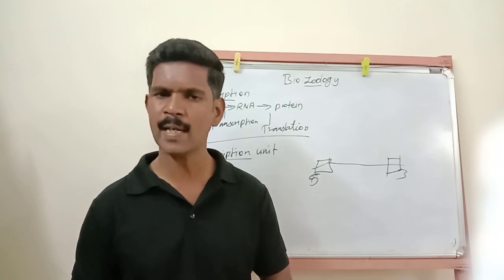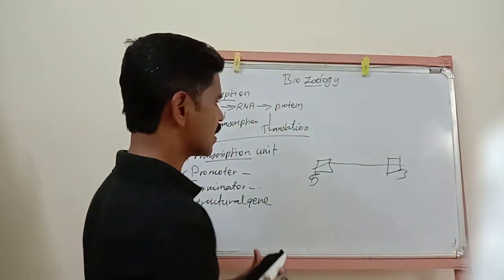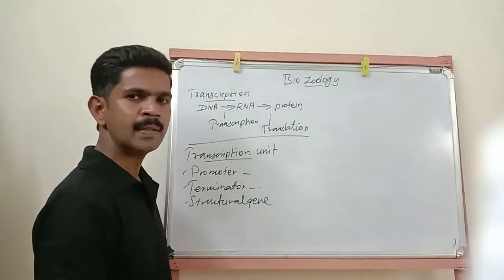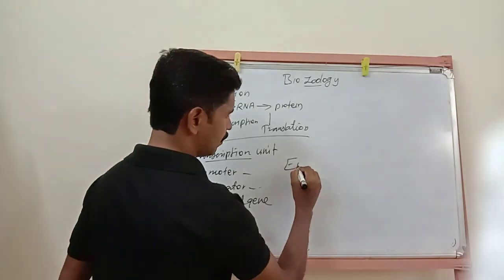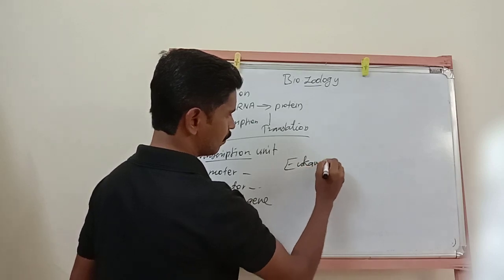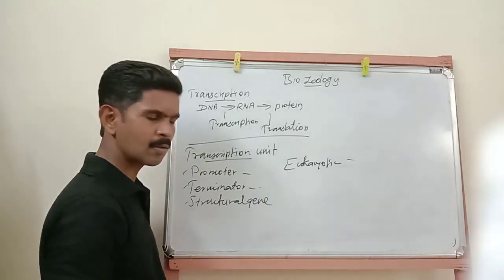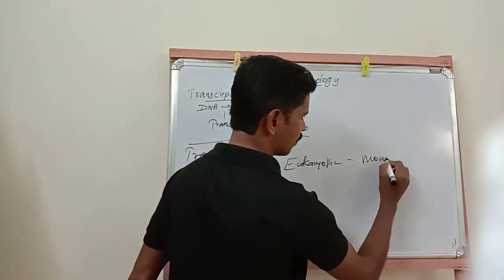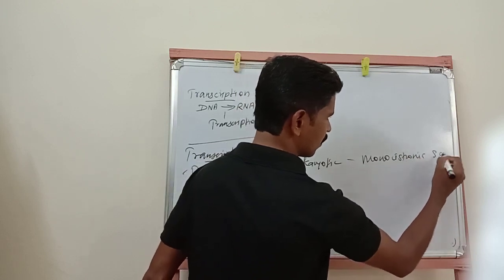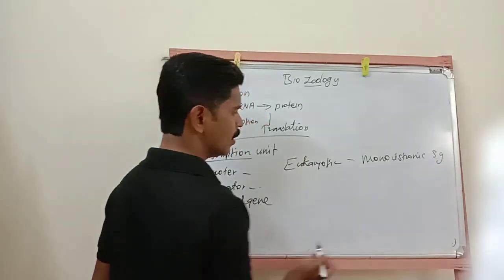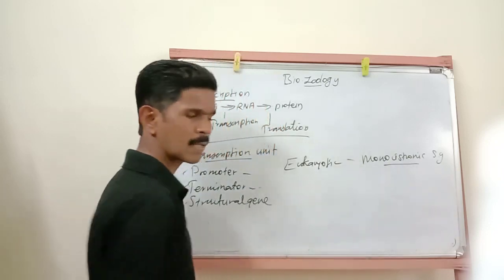In eukaryotic organism, the structural gene present in the eukaryotic cell is called monocistronic structural gene. Yes, SG means structural gene.